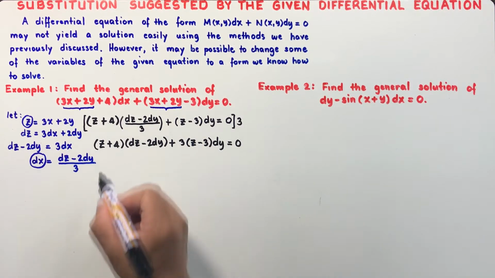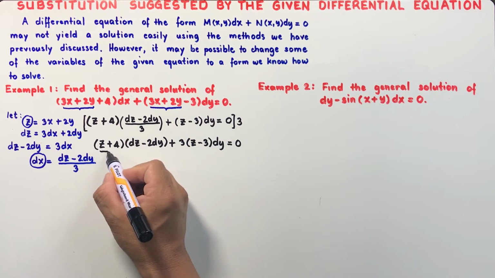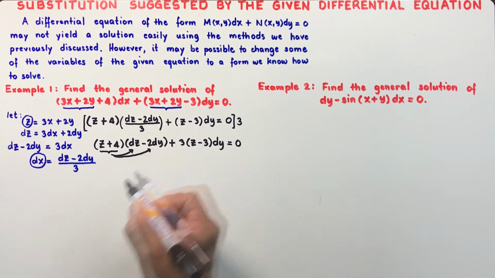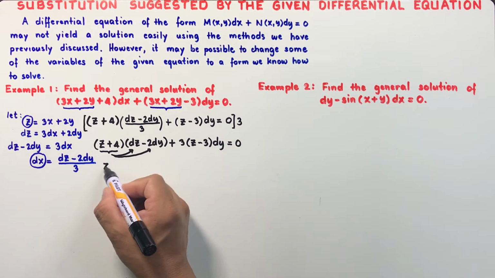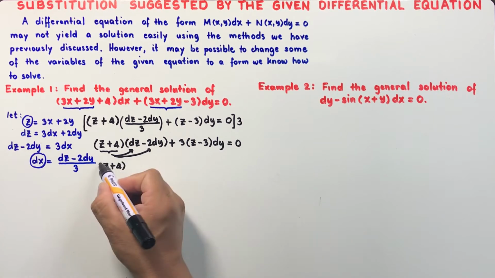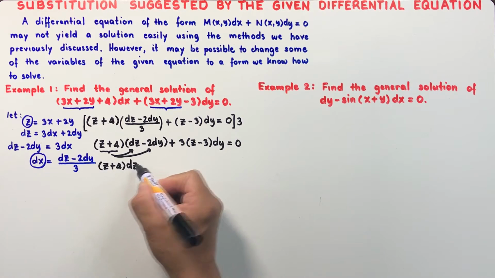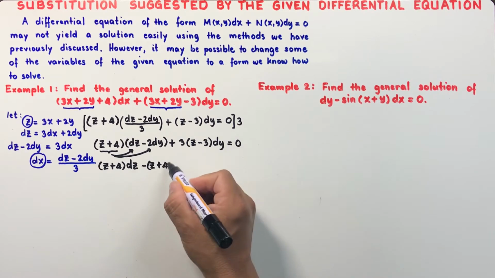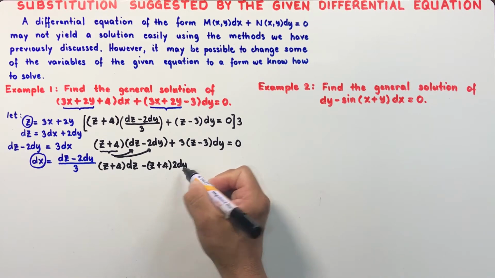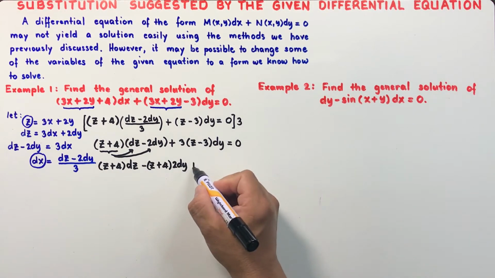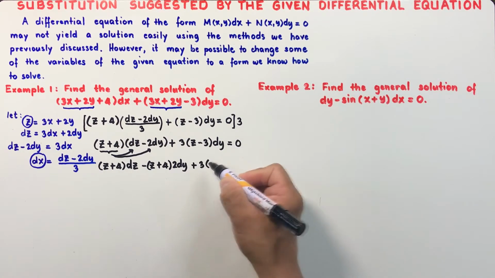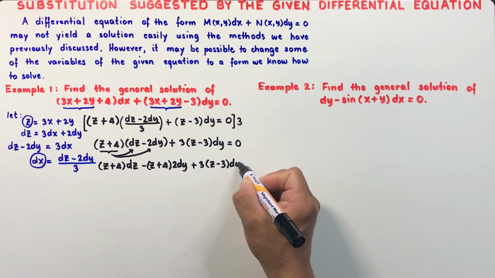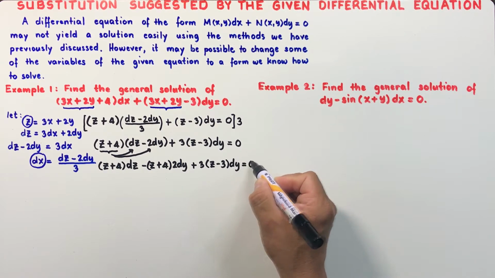Now, simplifying further by multiplying this binomial by this binomial, we have (z plus 4) times dz, and also (z plus 4) times 2 dy here, added to 3(z minus 3) dy, equal to 0.